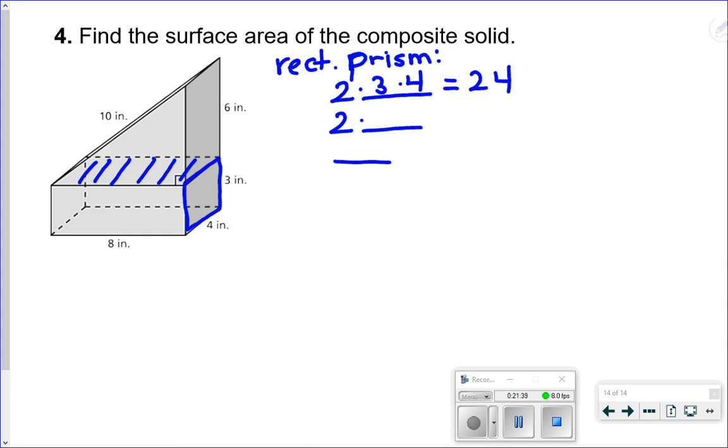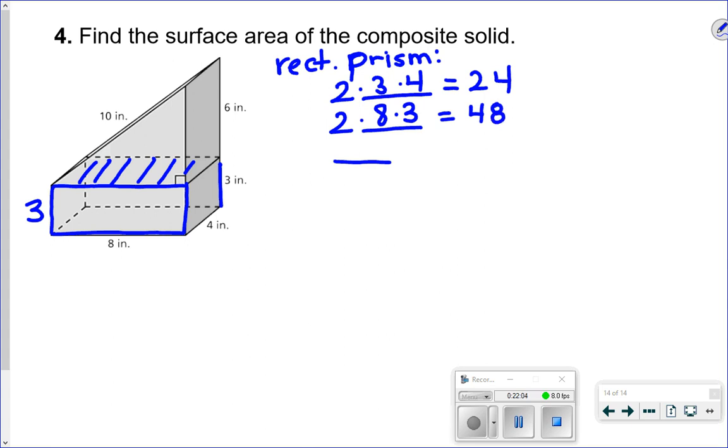Now I'm going to do the ones that are on the front and the back of the rectangular prism. That's this part right here. Since this side is 3, this is going to be 3 as well. So I have to do 2 times 8 times 3. 2 times 3 is 6, times 8 is going to give you 48.